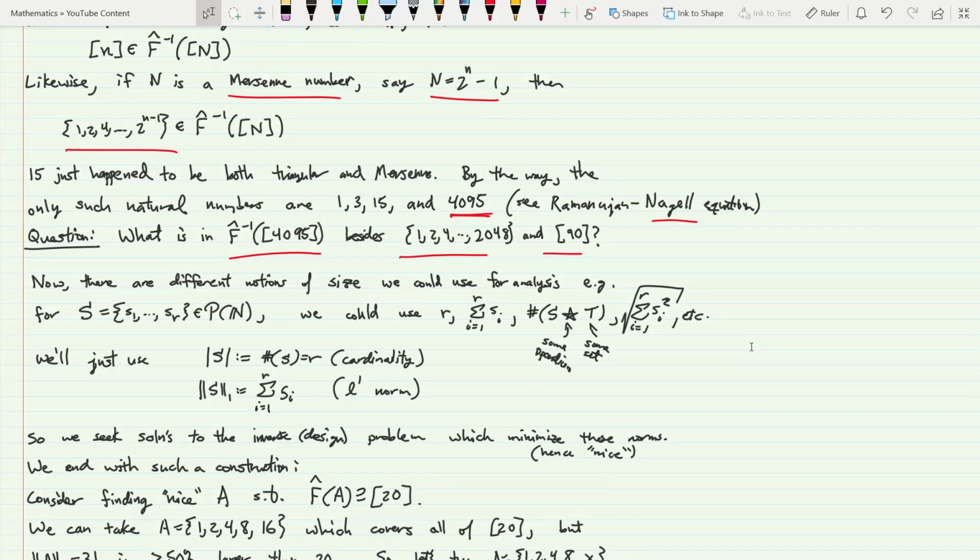Okay, so the last part is let's just solve this problem. Let's first think about a few things. To do any analysis here, I want to think about some size of a set. So I'm going to use two notions. The cardinality of a set is the number of elements, and then the sum of the elements.